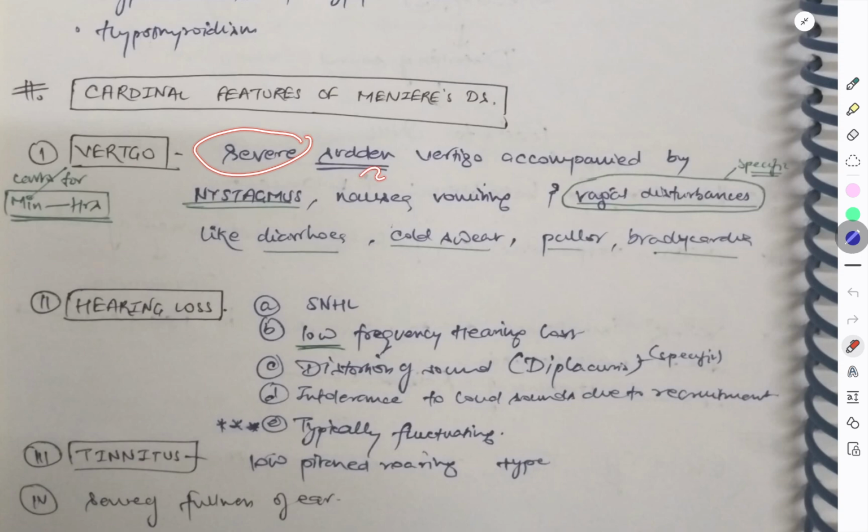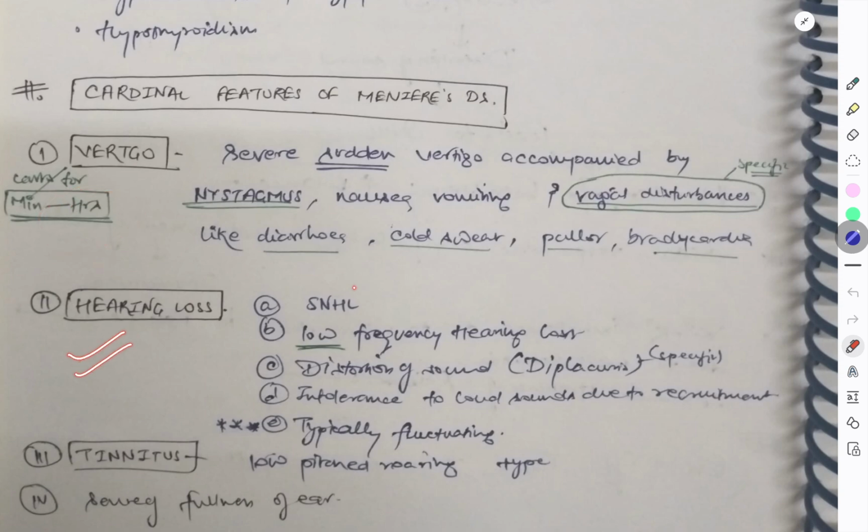There is severe sudden vertigo accompanied by nystagmus, nausea, vomiting, and vagal disturbances like diarrhea, cold sweat, pallor, bradycardia, and many more.